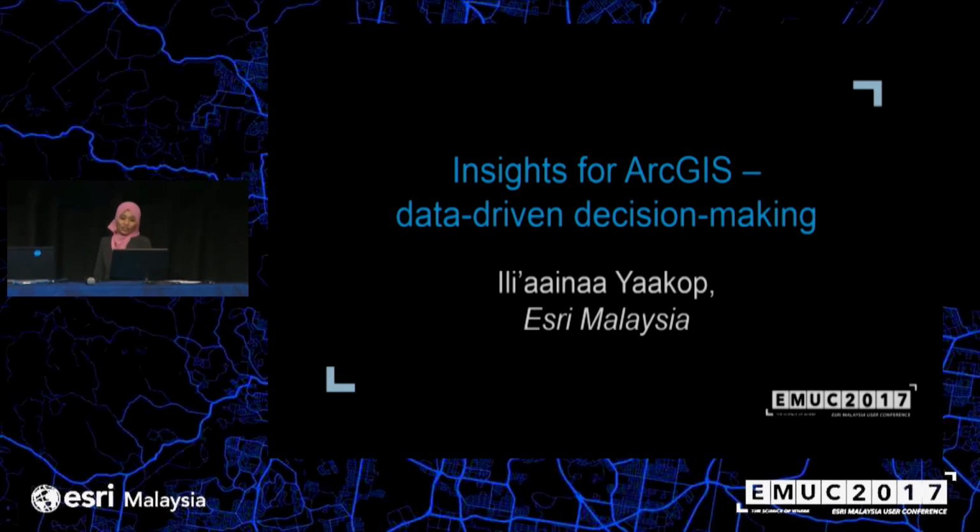Okay, so basically in Insights for ArcGIS, you can have multiple resources. Sometimes our data, for example, doesn't have the location or the structure of the domain and setup and so on.